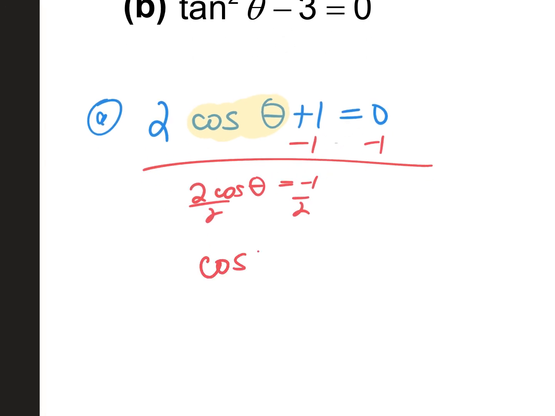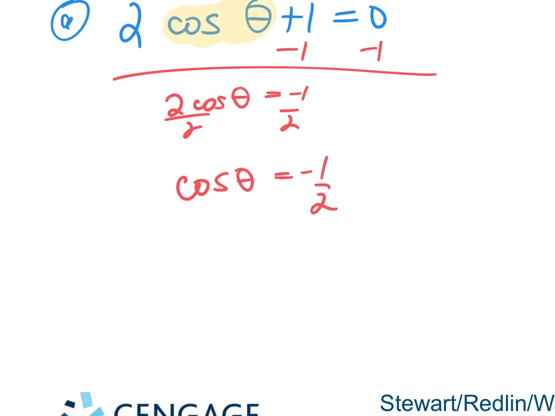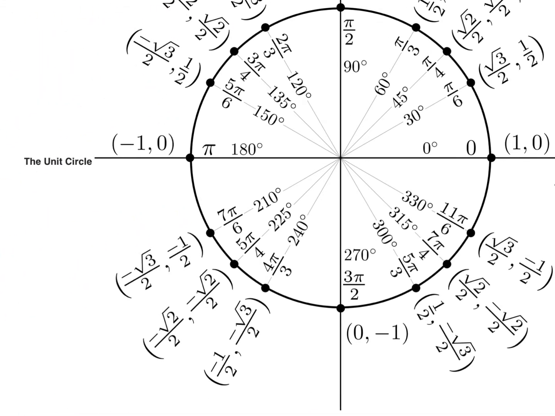So I have not answered my question yet, but I'm close. I need to know the angles that we're referring to. So I'm going to look where on my unit circle? What's cosine? X values, good. I'm going to look on my x values, the x part of my ordered pairs that are -1/2. Go over to your unit circle.